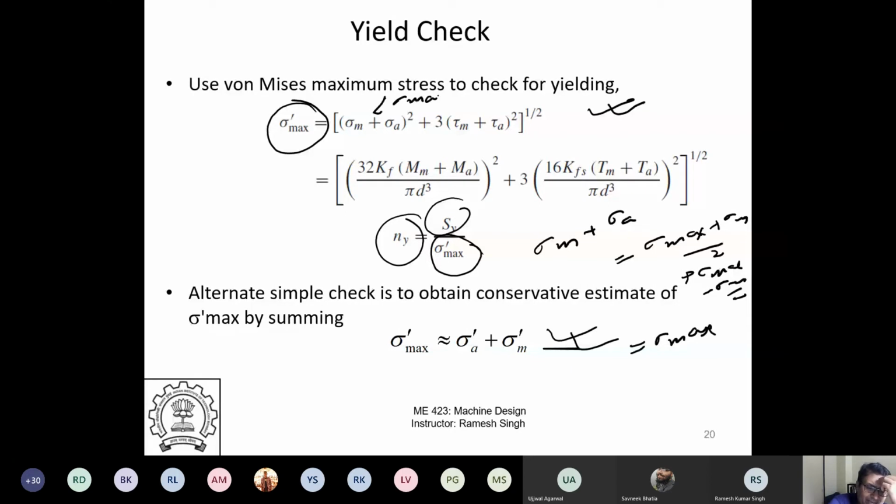You plug in the values of sigma max and tau max, find the maximum sigma dash, and then check it against the yield.